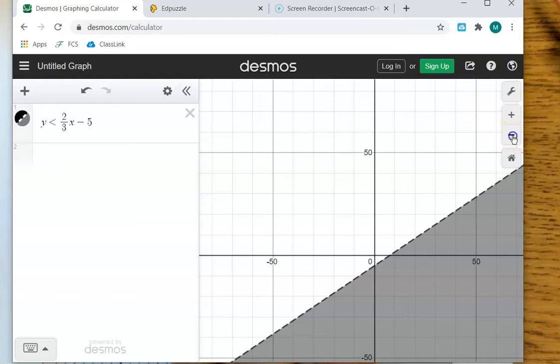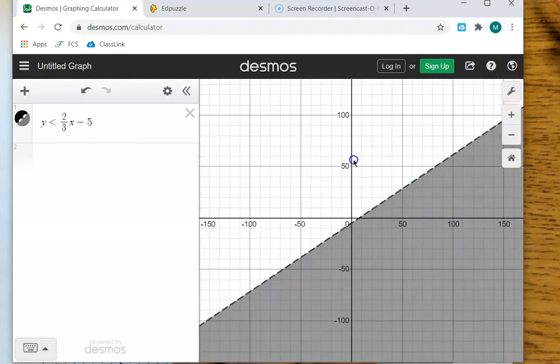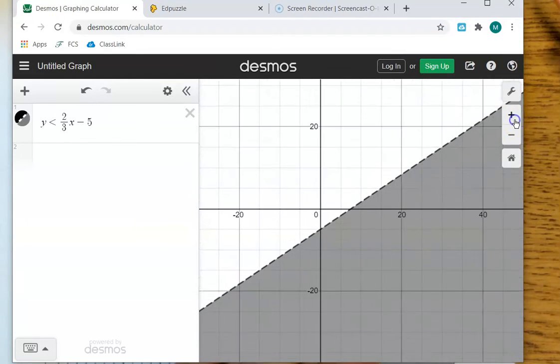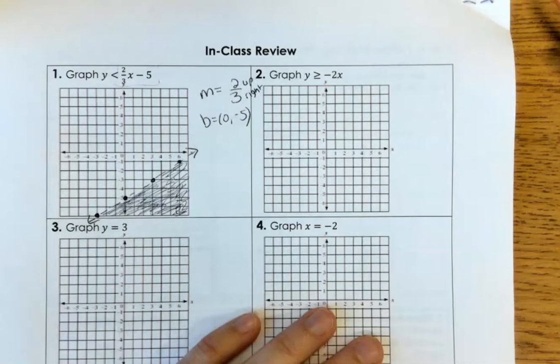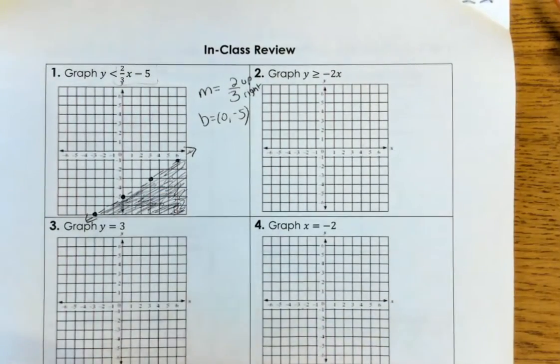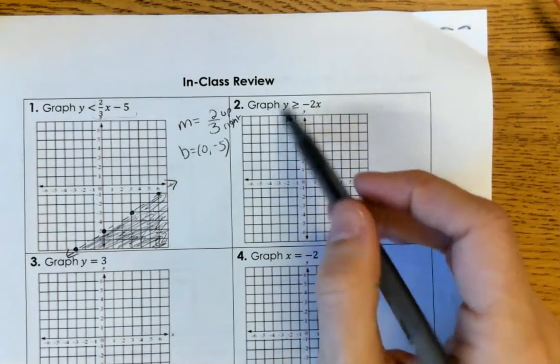All right. Does this look like what we graphed? Yes, it does. So we did it right. So always check your work in Desmos afterward.